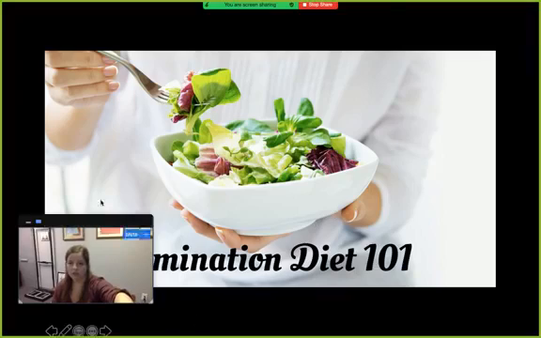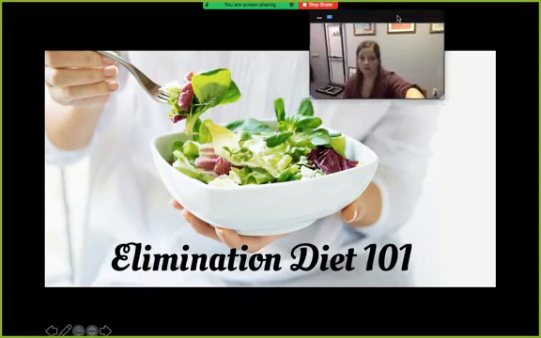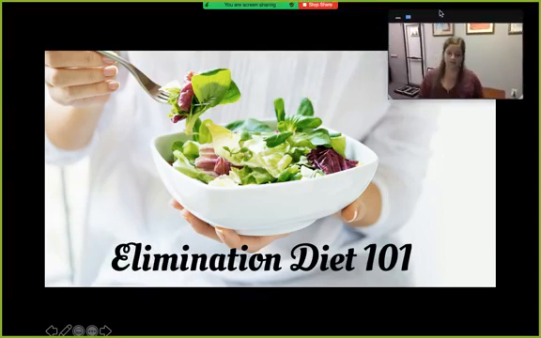Here's a little bit more about elimination diets. So an elimination diet is done by eliminating potential problem foods for a minimum of 3 weeks or until you begin feeling symptom-free. They are then reintroduced into your diet one by one with a close eye on how each one makes you feel.